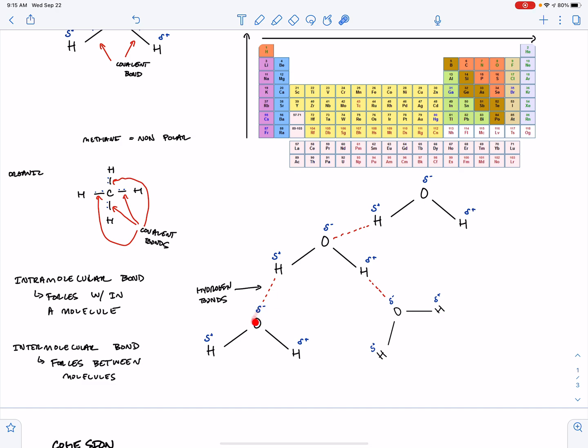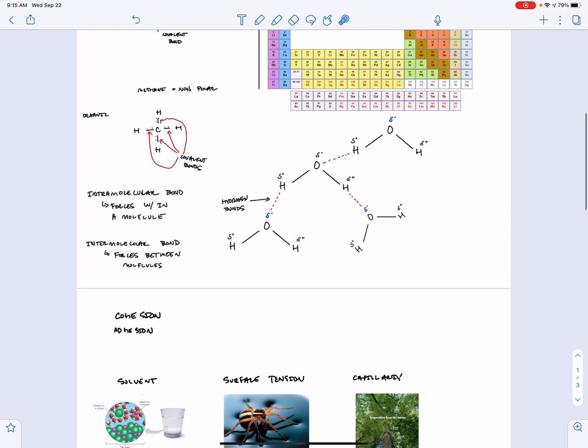The slightly negative oxygen is going to bond briefly with the slightly positive hydrogen. So we get this interaction between the molecules, this force holding them together, and this is called a hydrogen bond. Okay, so hydrogen bonds can form between two water molecules, as pictured here.